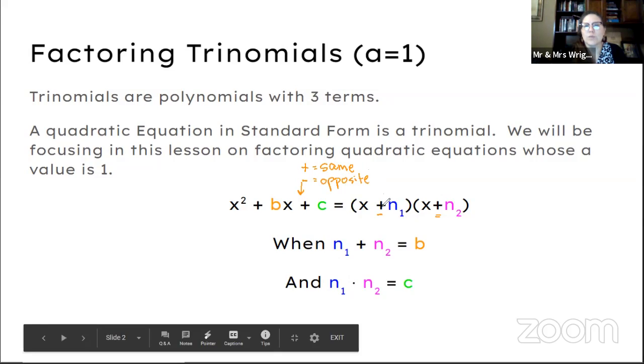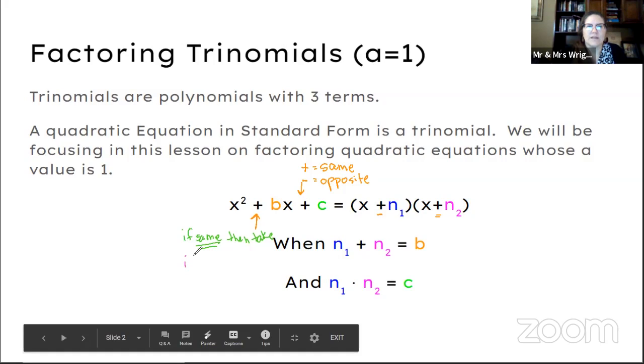So in other words, one will be plus and one will be negative, okay? So what does that mean when we look here? Well, if they're the same, then both of them take this sign, whatever it is.